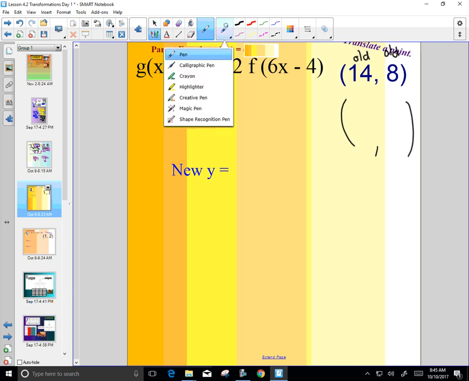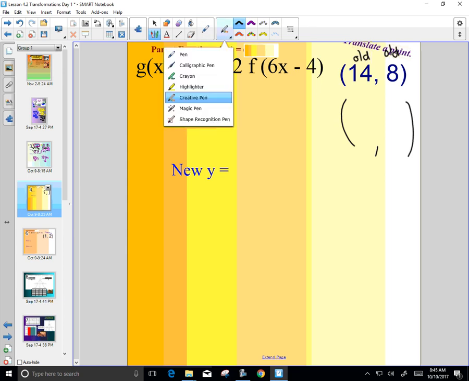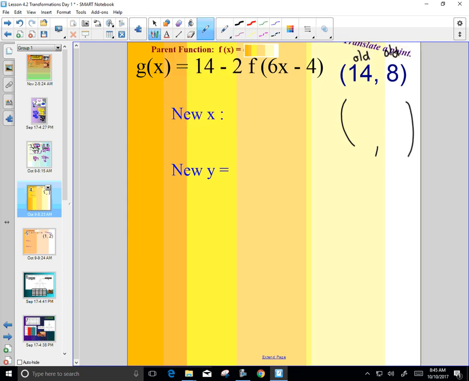I'm going to highlight the part that is inside the function. There's the inside part. So for the new x, you're going to have the old x, 14, is equal to 6x minus 4.